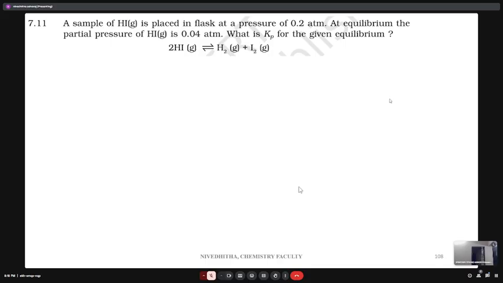To find the value of Kp, please write the expression for Kp and substitute the values and let me know the final value of Kp. If you want a clue, please let me know, I'll give you.